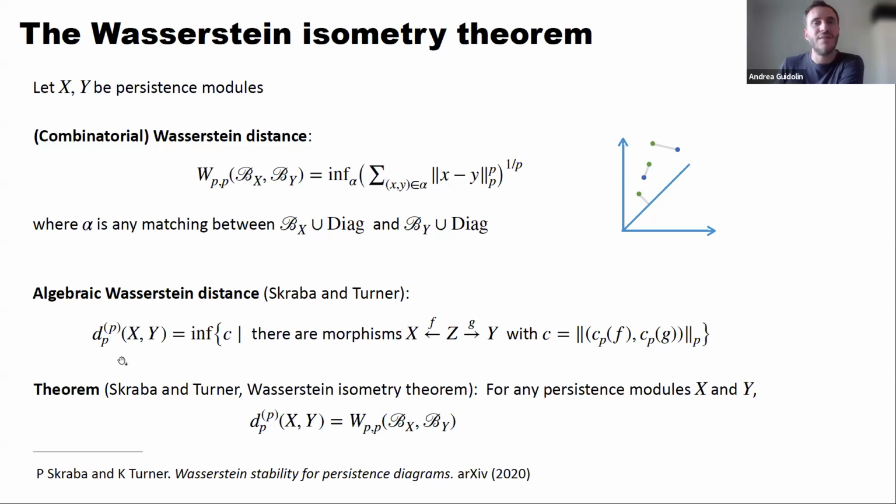So this is the algebraic definition of a distance that is called the algebraic Wasserstein distance. And Skraba and Turner have this theorem that says that the algebraic Wasserstein distance between persistence modules coincides with the combinatorial Wasserstein distance between the associated barcodes.